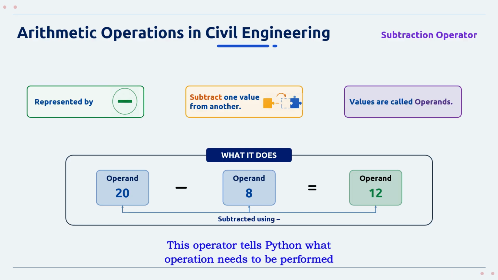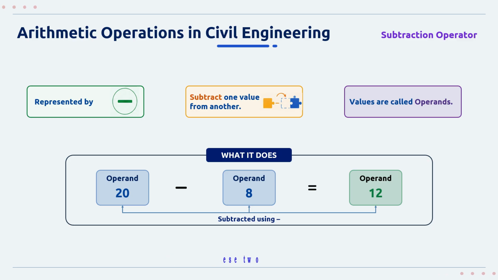This operator tells Python what operation needs to be performed on these two values. Now, when Python executes the subtraction operation, it subtracts 8 from 20. So the calculation becomes 20 minus 8 equals 12. The result obtained after performing the subtraction is 12.